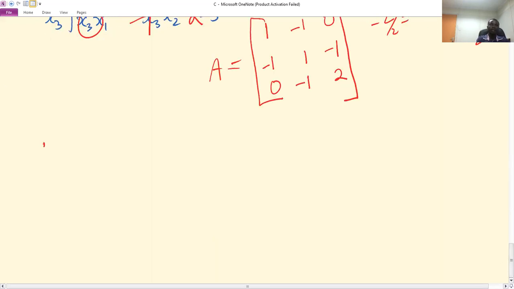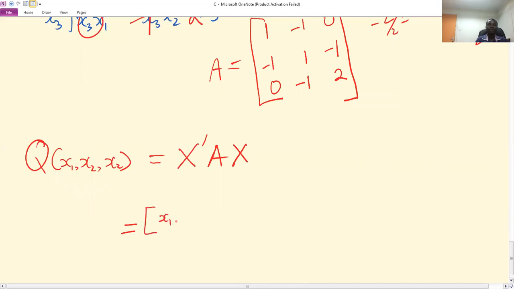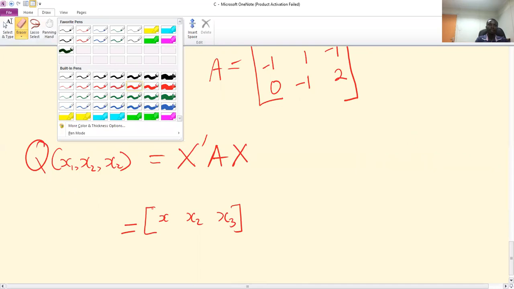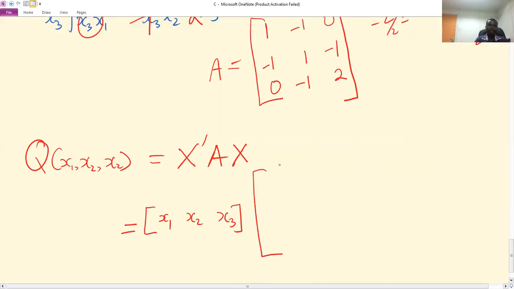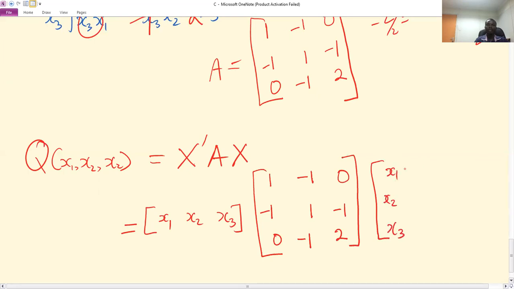So the quadratic form in matrix form, given by x prime A x, will be given by the row vector x1, x2, x3 times the symmetric matrix A, given by 1, -1, 0, -1, 1, -1, 0, -1, 2, and then times the column vector x1, x2, x3.